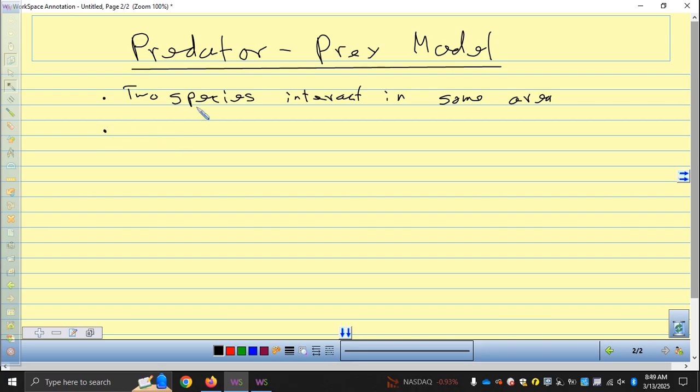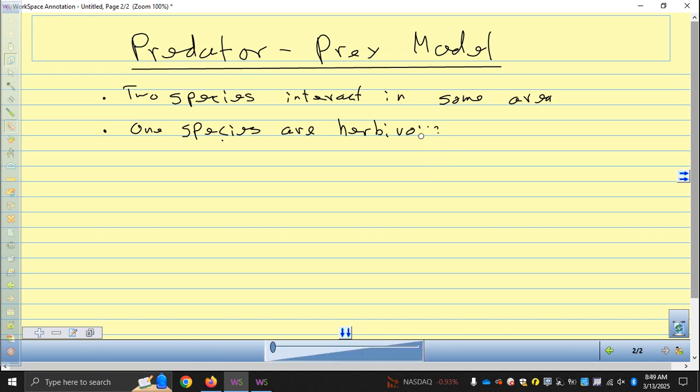The other assumption is that one species are herbivores, and the other eats only the first species.